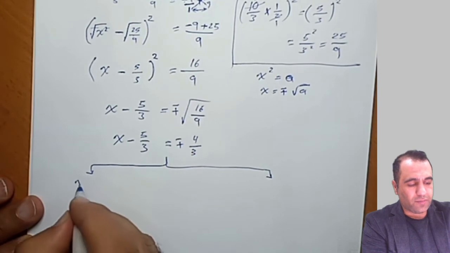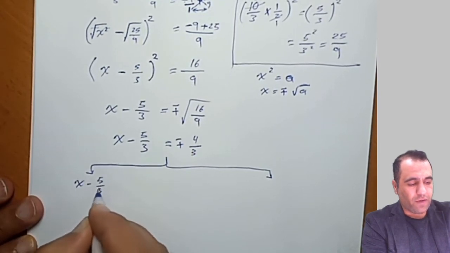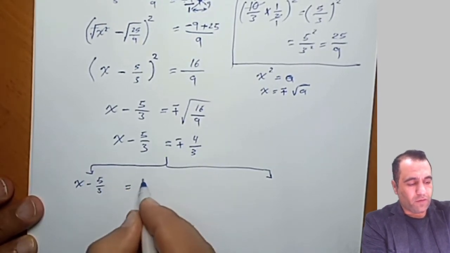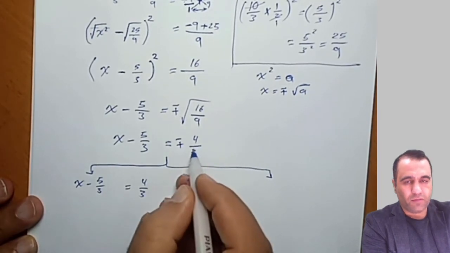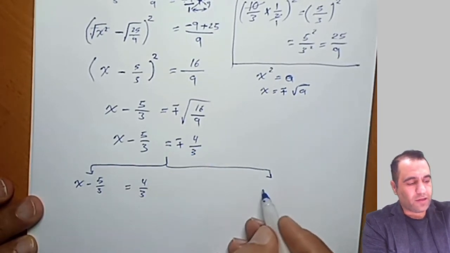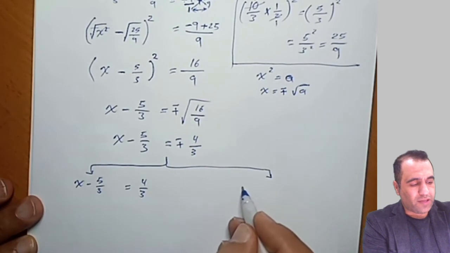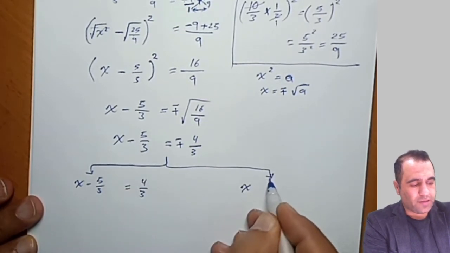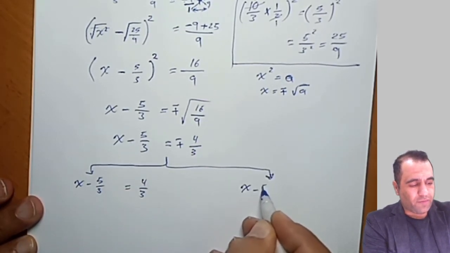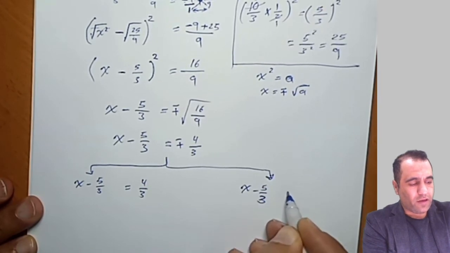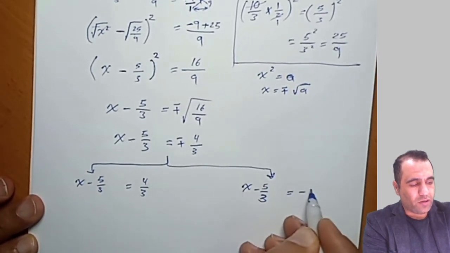So x minus 5 over 3 equals 4 over 3, that's the plus, or x minus 5 over 3 equals minus 4 over 3.